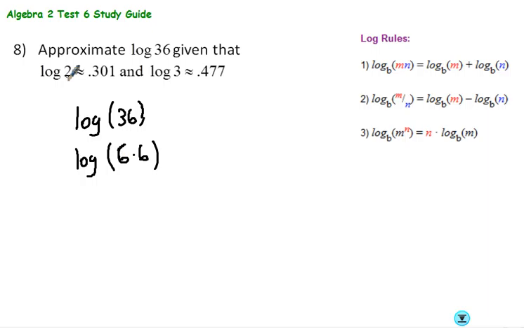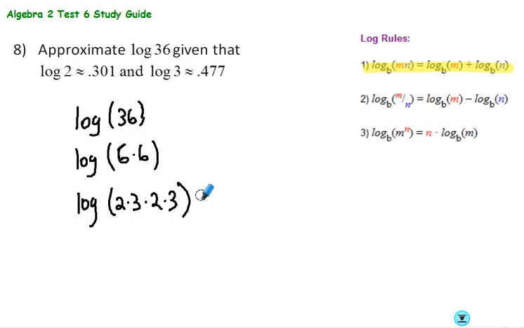Now, I don't know what log 6 is. I just know what 2's and 3's are. But I know that 6 is 2 times 3, and the other 6 is also 2 times 3. And I have another log property that says if things are being multiplied and you want to pull them apart, you can do that by turning it into addition.